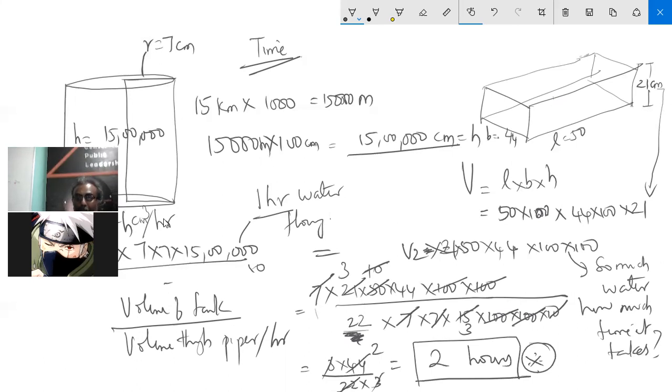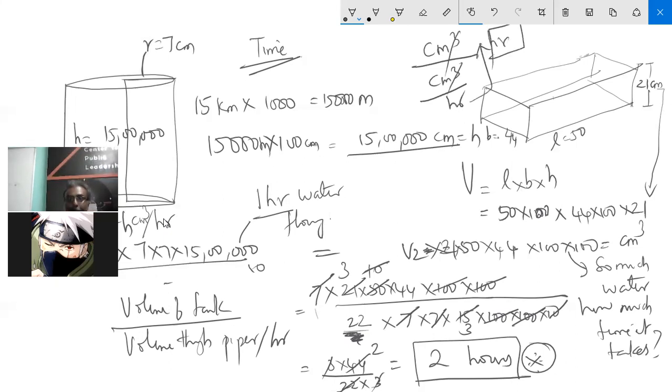So centimeter cubed by centimeter cubed per hour, this will cancel off. This hour will go on top. So you are getting the unit hour. So here also 2 hours.